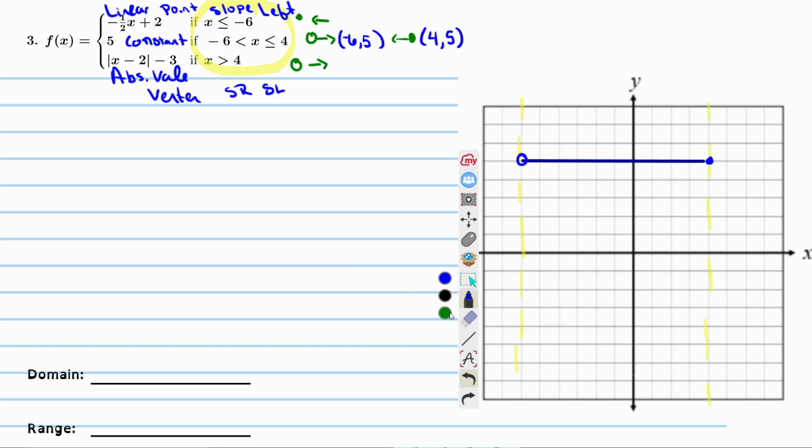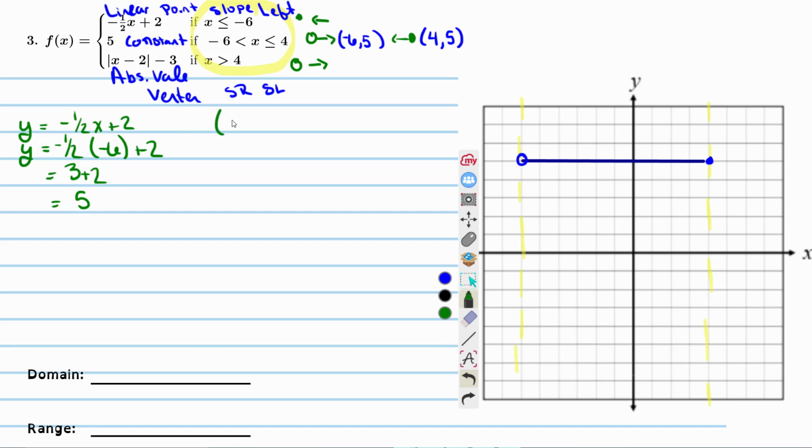So let's take the top equation. Y is equal to -1/2 of x plus 2. And so I need to find that point. So that means I need to plug it in. So -1/2 of -6 plus 2 gives me 3 plus 2, or 5.